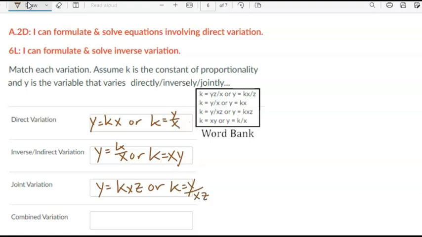And then combined variation is Y equals KX over Z or K equals YZ over X.